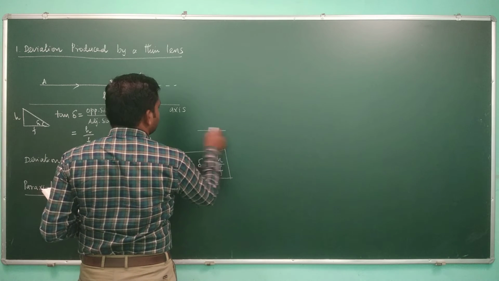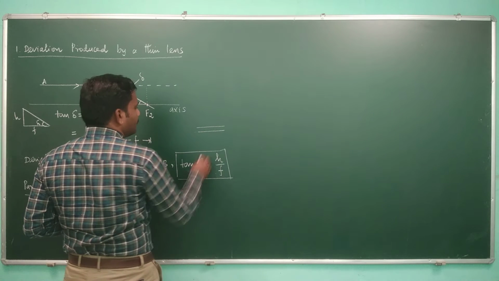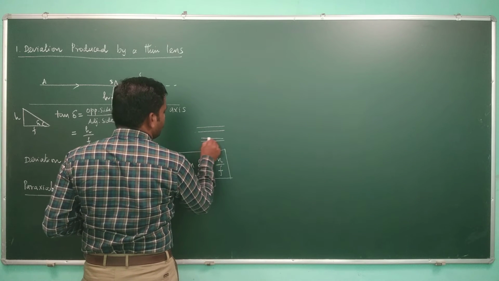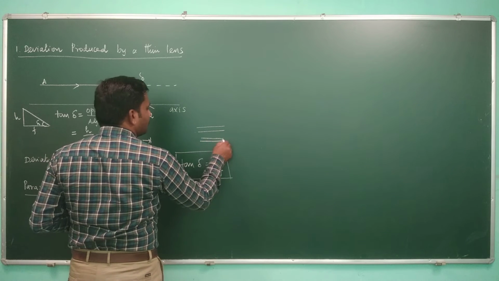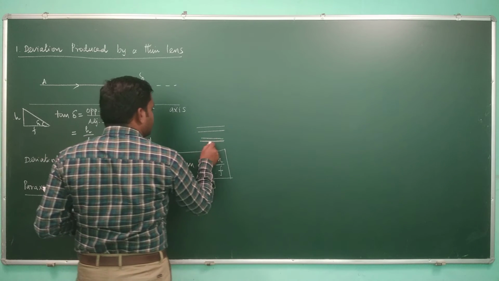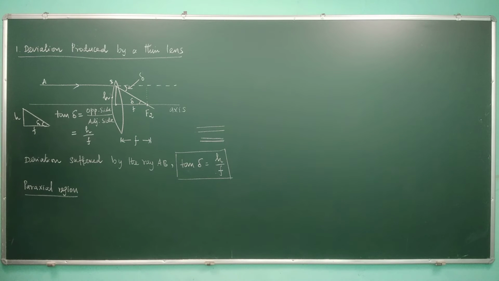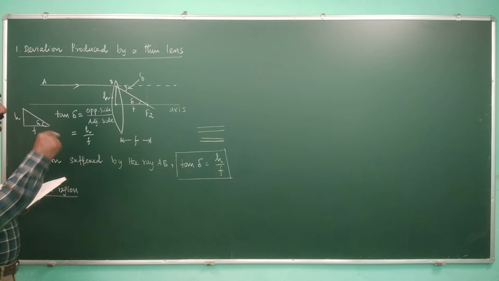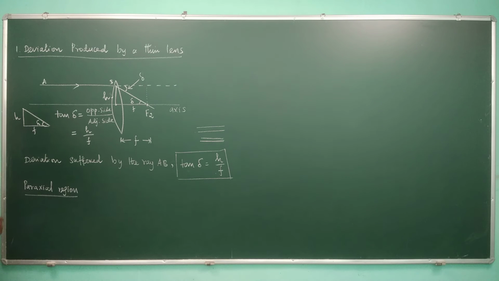For example, if these are two rays that are exactly parallel, and you have another ray with a very small inclination or very small angle deviation from that line, then if two rays are more or less parallel with very small angle deviation from the parallel nature, that is said to be paraxial.